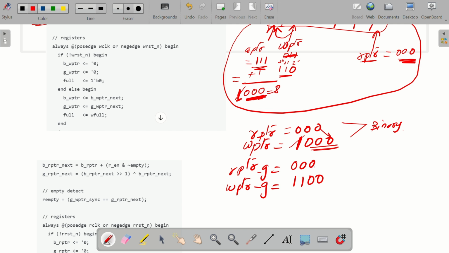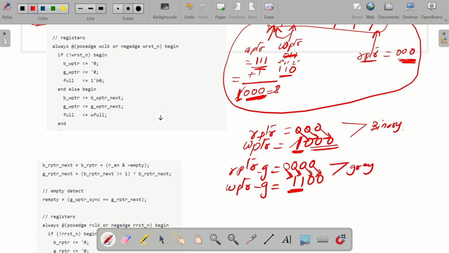In binary, my LSB is same, then this bit is same, this bit is also same, only the MSB is changing. In gray, this bit is same, this bit is same, this bit has been inverted, and let us assume there is 0 here. This bit is also inverted. So the first two MSB bits are inverted in case of gray, and only one MSB bit is inverted in case of binary.